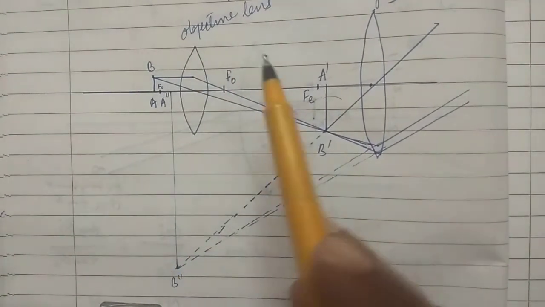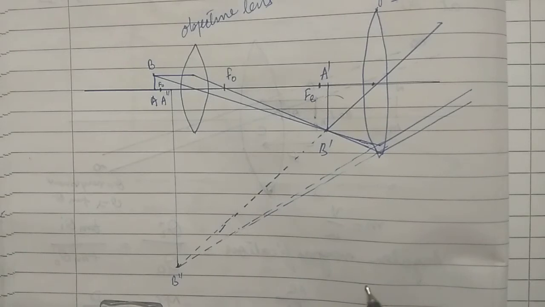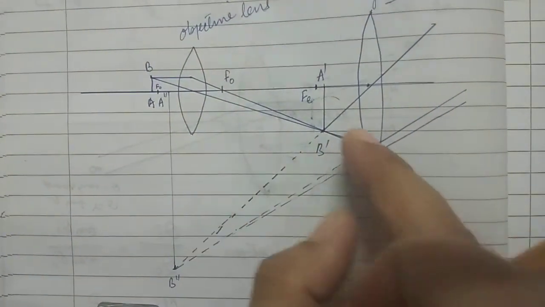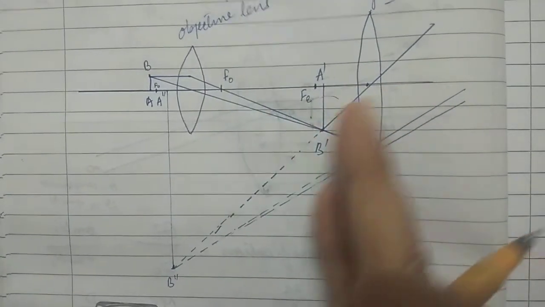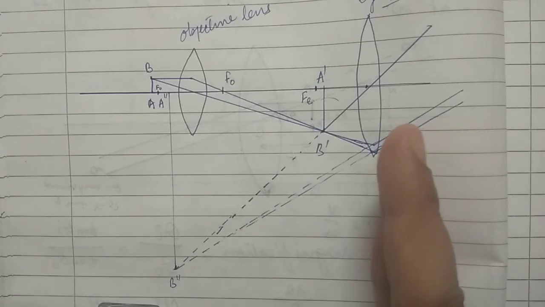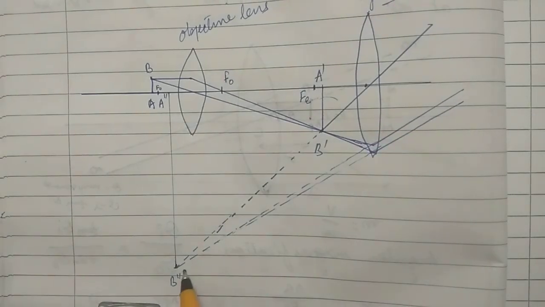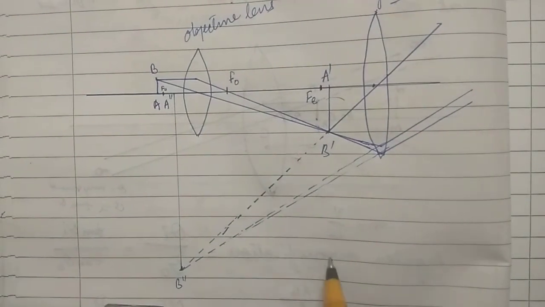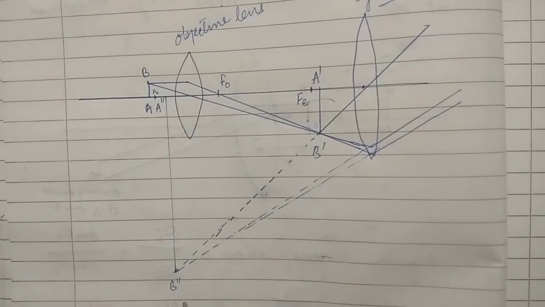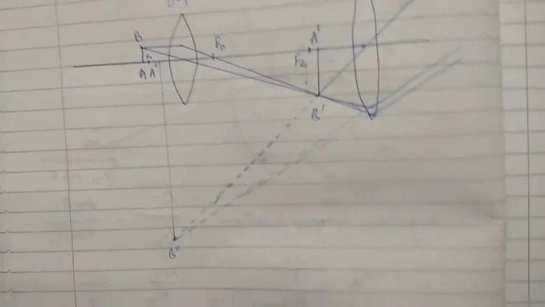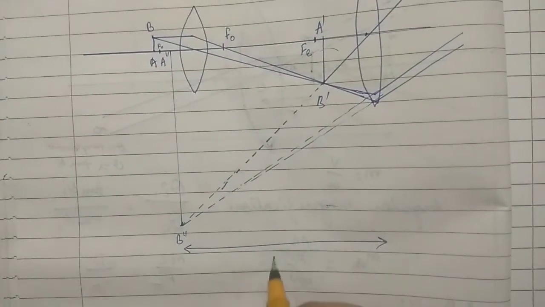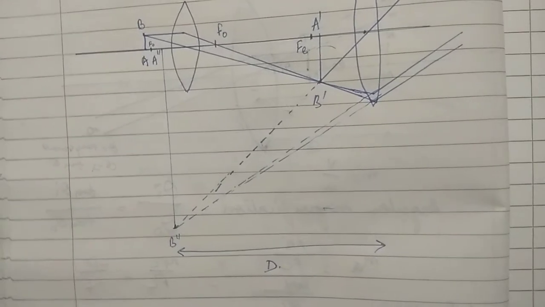So this is a ray diagram of the compound microscope, and you see these two lenses, they are adjusted, especially eyepiece is adjusted in such a way that the final image is formed at the near point of the human eye. So this is formed at the least distance of distinct vision. So we can write this distance is from here till here. So this is the least distance of distinct vision.